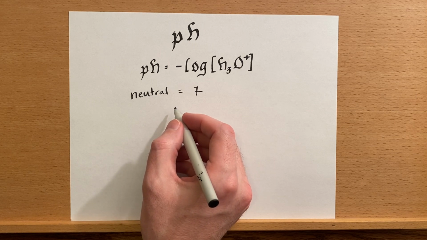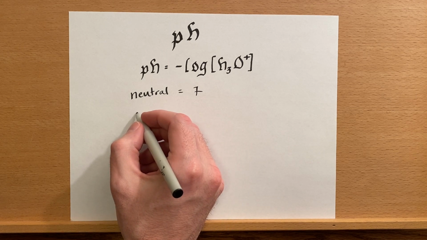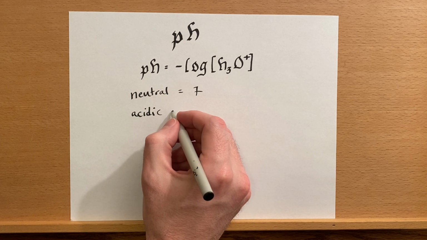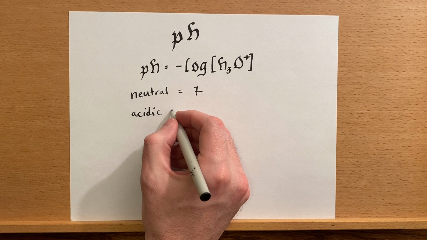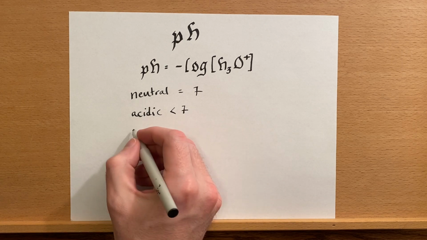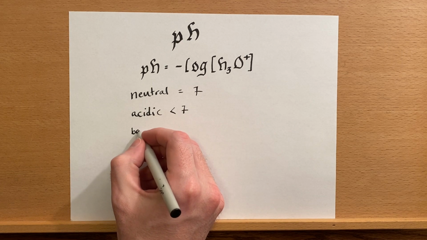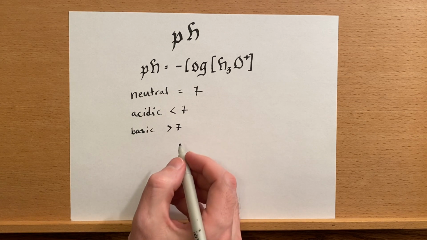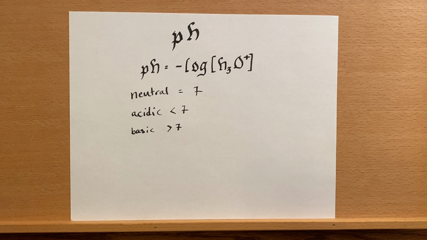So anything less than 7 is acidic. And then basic is greater than 7. So, for example, a basic pH would be 10. An acidic pH would be 2 or 3. And then neutral, there's only one option for that. That's 7.